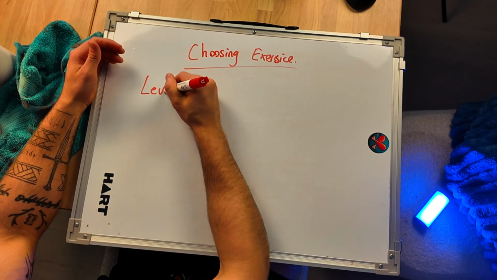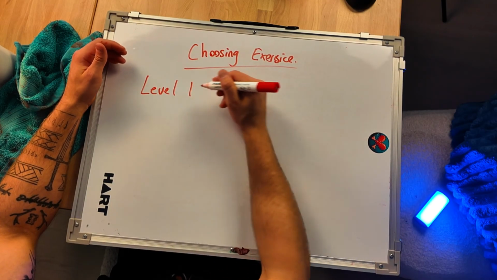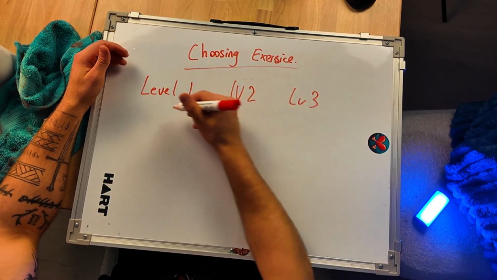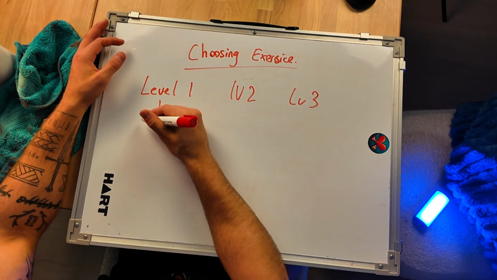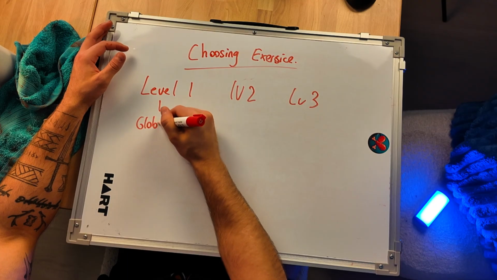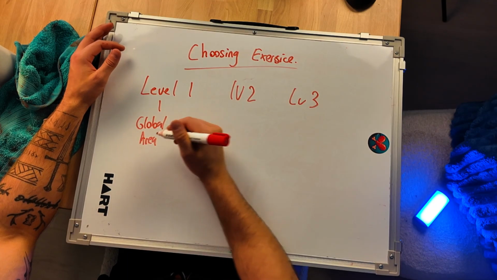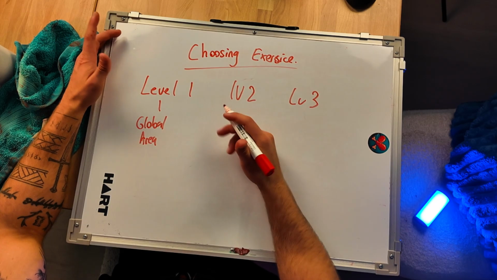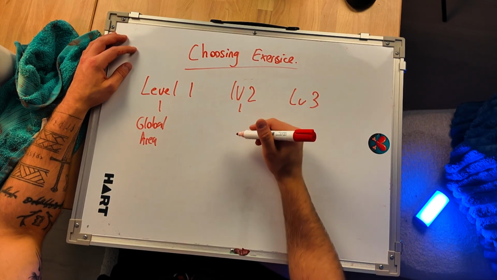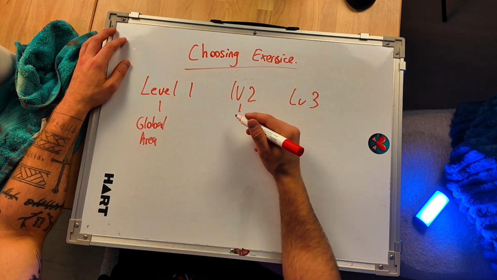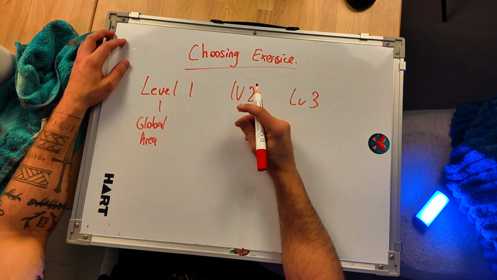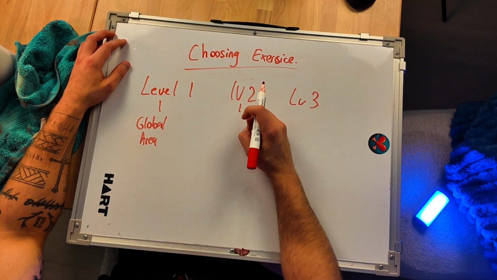So think of it as levels. Level 1, level 2, and level 3. Level 1 is global areas. So that's going to be arms, back, legs, chest, whatever. You're then going to have level 2 clients or level 2 programmers, which is like triceps, biceps, front deltoid, lateral deltoid, rear deltoid.